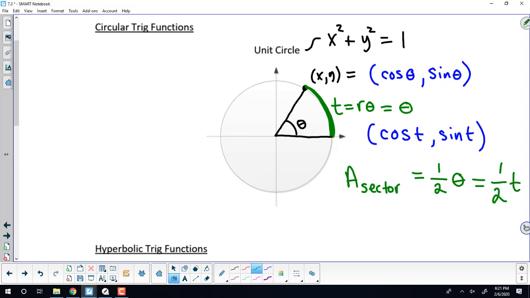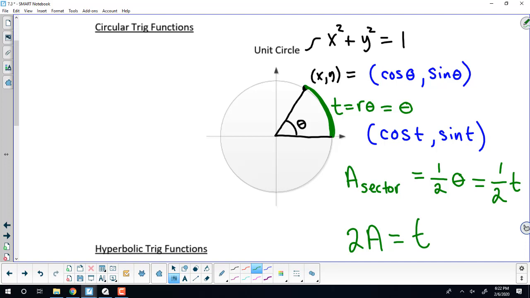Or we could say that's 1/2 t, because theta and t are the same thing. And so the notion of this area here, we can say it's 1/2 t, or we can say that t is twice the area of the sector.